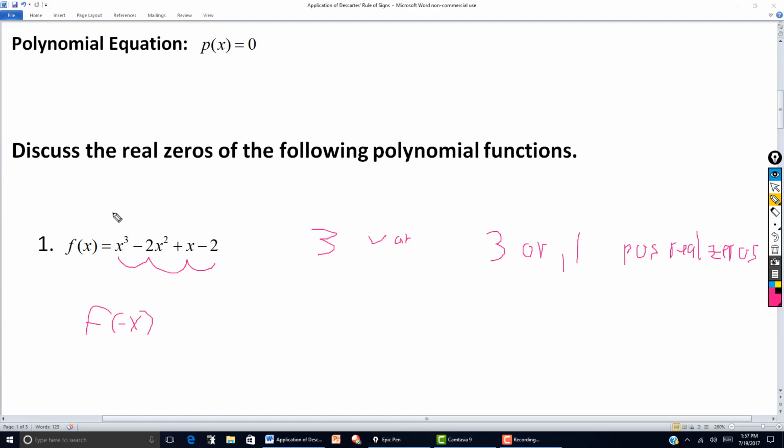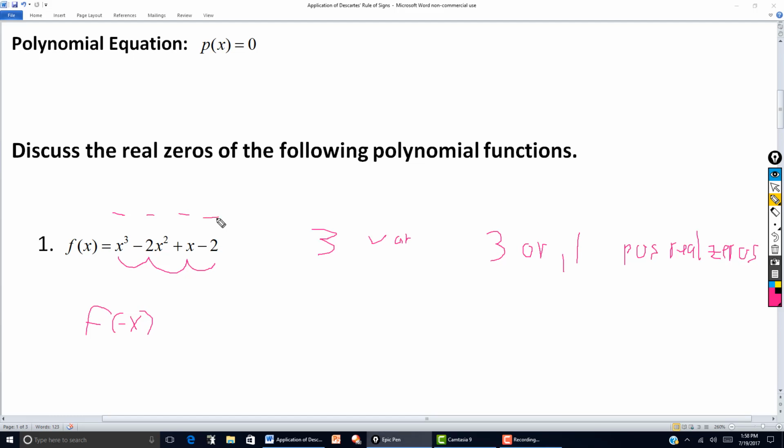If I put a minus x in the second term, because of the square, it's going to cancel this negative, and this is going to stay negative. Okay, and if I put it in for x, that becomes minus. So I'm just looking at the sign of the coefficient. Okay, and then the last term stays negative.